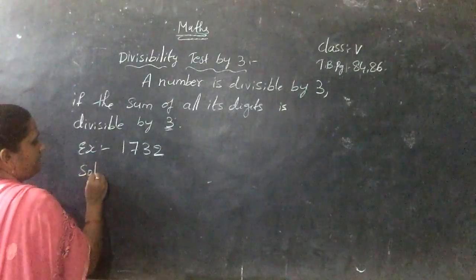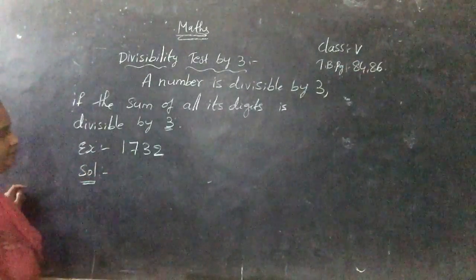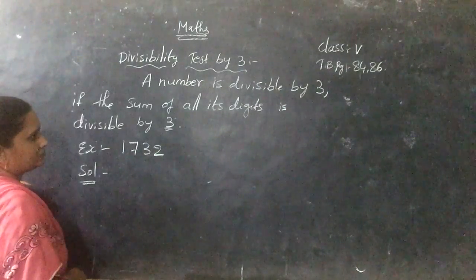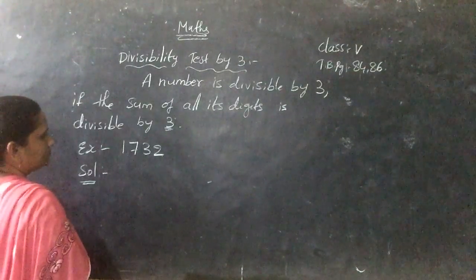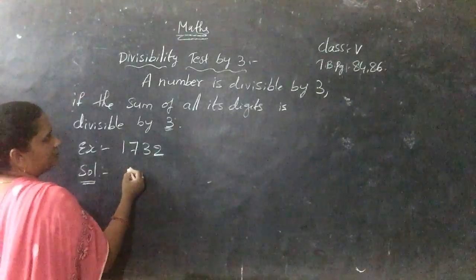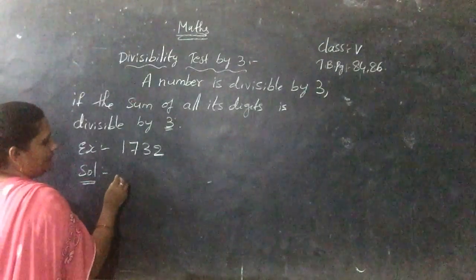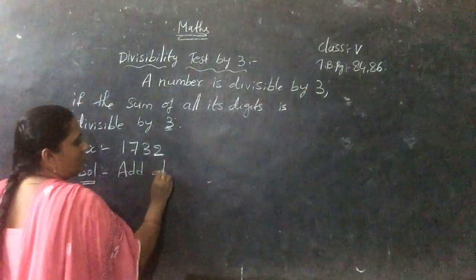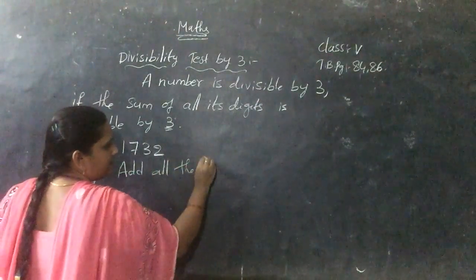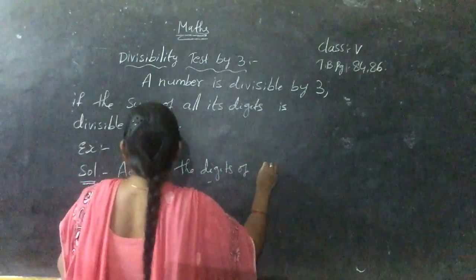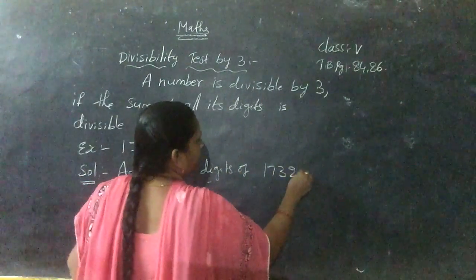Okay, solution. 1732 now, add all the digits of 1732.